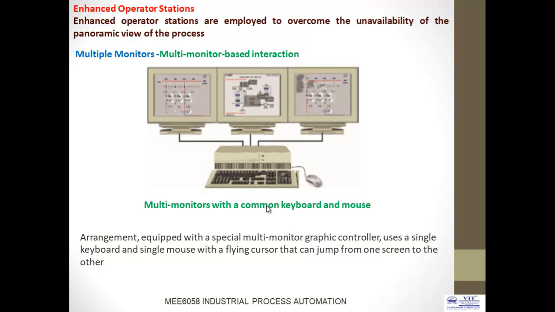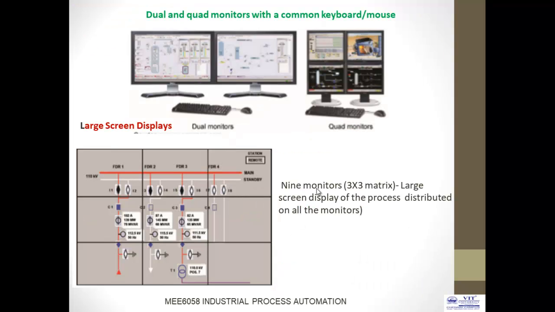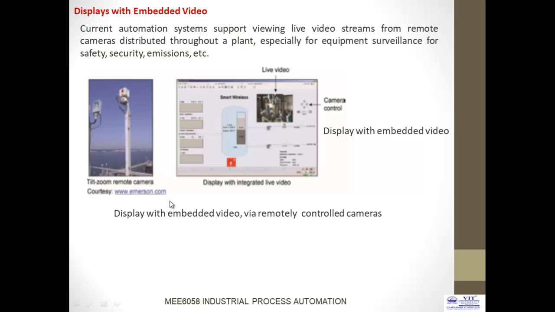Apart from that, if we have a number of processes, what types of operations are to be performed to control the process, multi monitors, dual and quad monitors, and large screen displays. Apart from that, yes, we also have the facility for capturing images and recording audios with respect to the application.